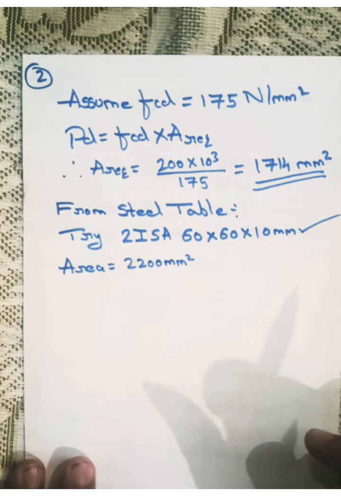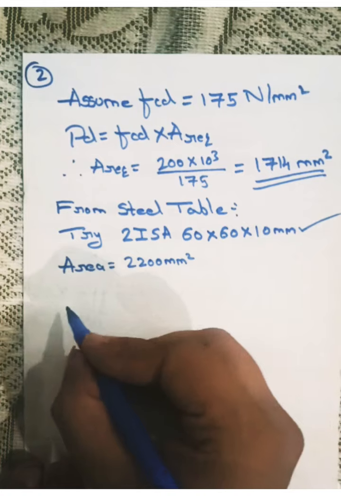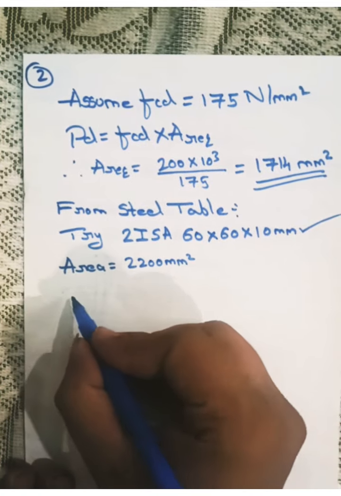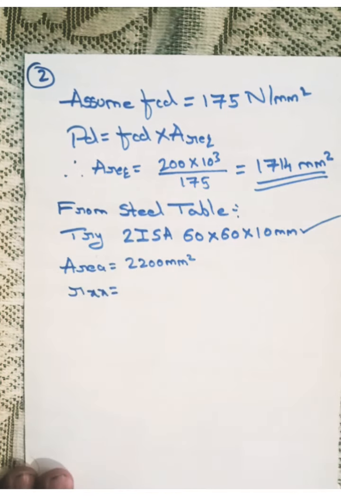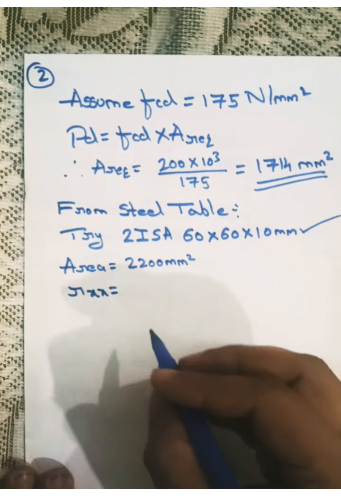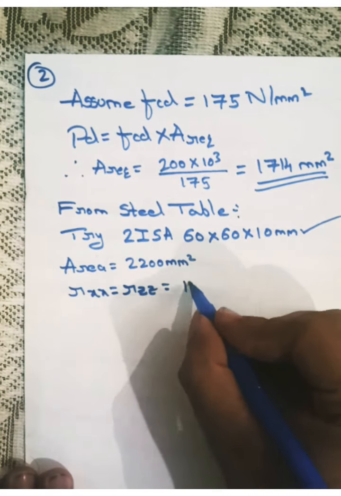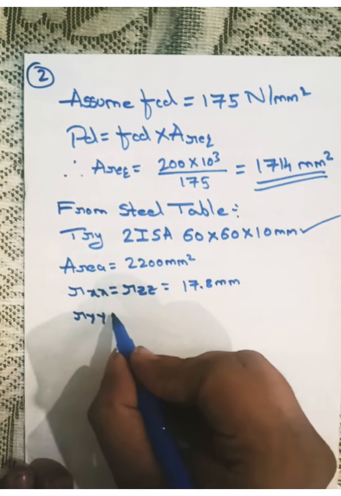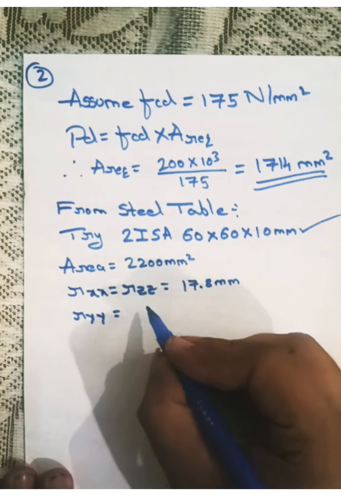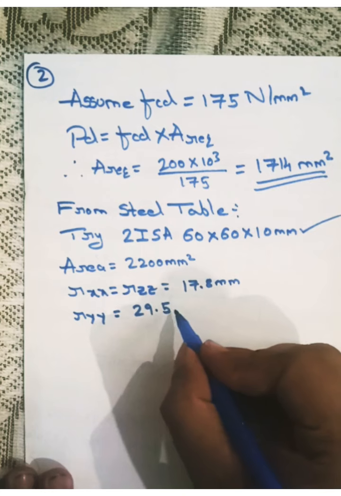Fine. So for this section we have 2200 mm square, and from the steel table I will check the radius of gyration, that is RXX for a single angle, RXX for a double angle, or RZZ, is 17.8 mm, and RYY is 29.5 mm.